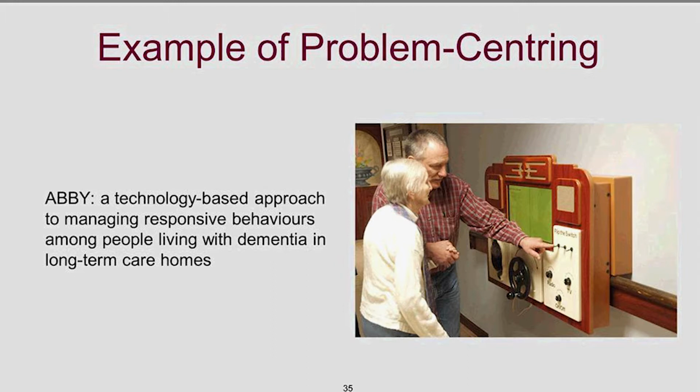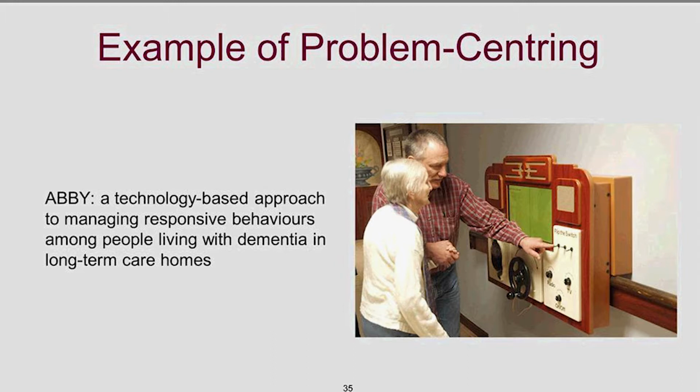This is what we try to do in our design projects, wherever possible. It brings different perceptions to all aspects of the project. What they were looking to do was design a device to help manage responsive behavior for people with dementia in long-term care facilities.